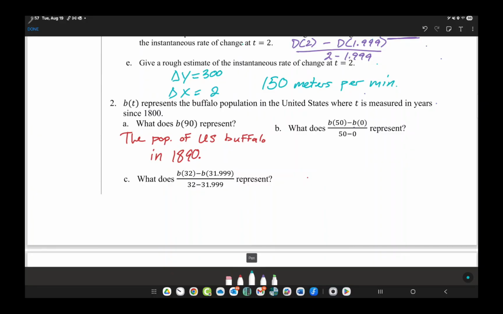Now, we know that the slope is the rate of change. This would be the rate of change.